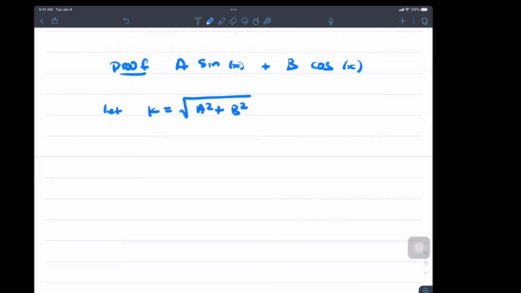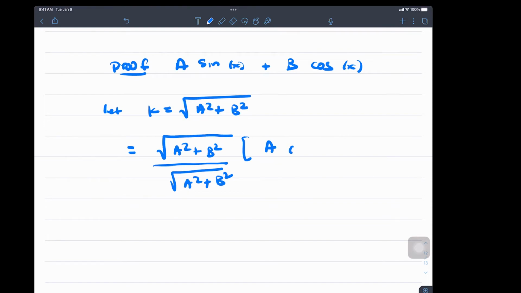Okay? Then this equals k over k. Remember, k over k is going to be 1, okay? I'll put it this way, though. This will be a squared plus b squared divided by a squared plus b squared. This is the number 1. So 1 times anything is itself.